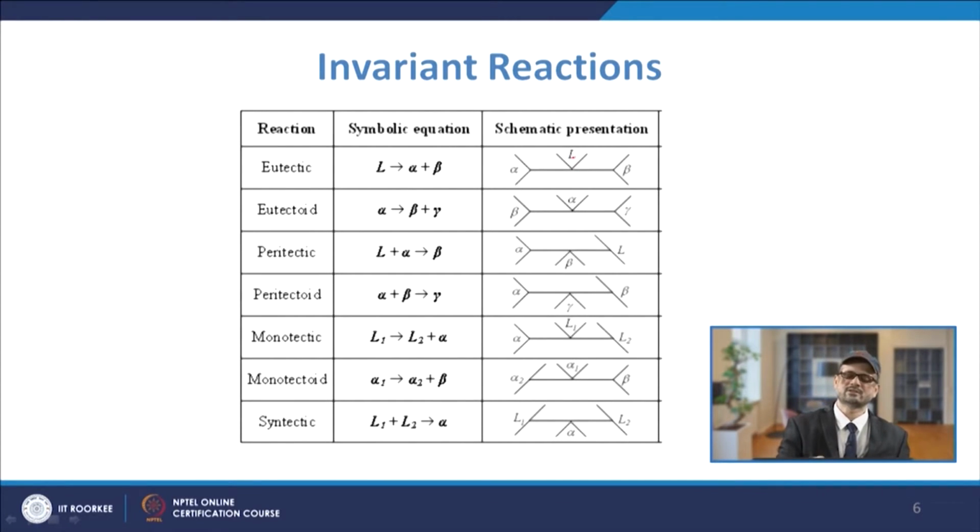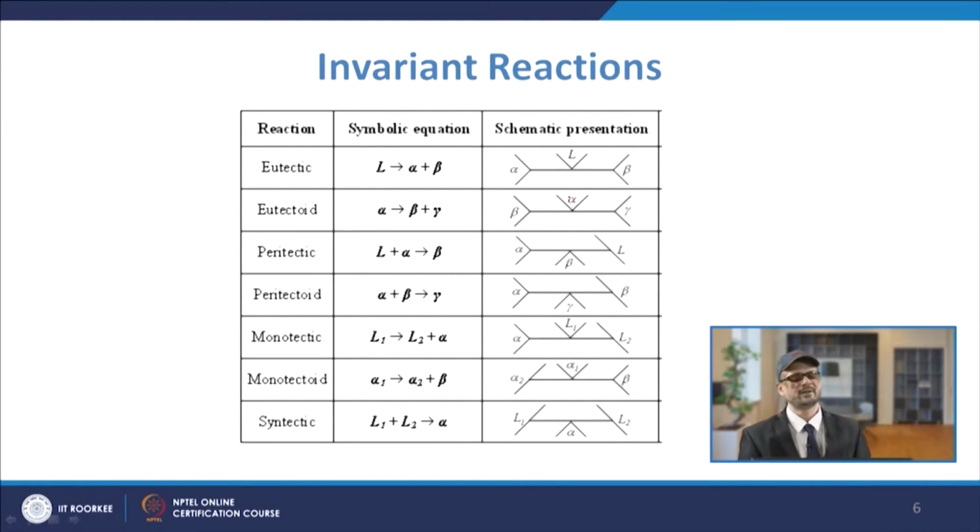The liquid is converting to alpha plus beta. Similarly, when you heat, the alpha plus beta will be heated, and ultimately at a particular temperature the liquid will be formed. Similarly, in the case of the eutectoid reaction, you will have a solid phase alpha converting to beta plus gamma when cooling.